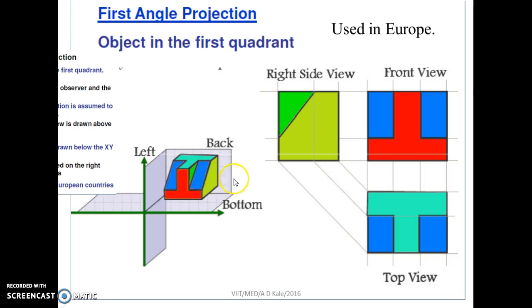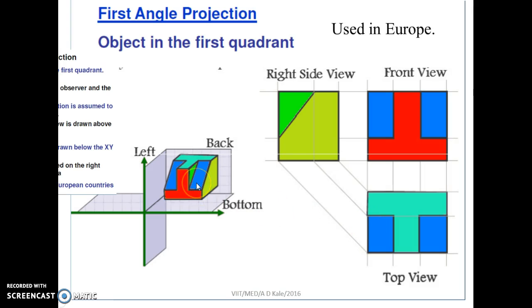The plane of projection, vertical plane or horizontal plane, is assumed non-transparent. The front view of the object we get above the XY line, whereas if we observe it from the top, then the object features which are visible from the top side are visible in the top view, and we get the top view below the XY line in the first angle method of projection.